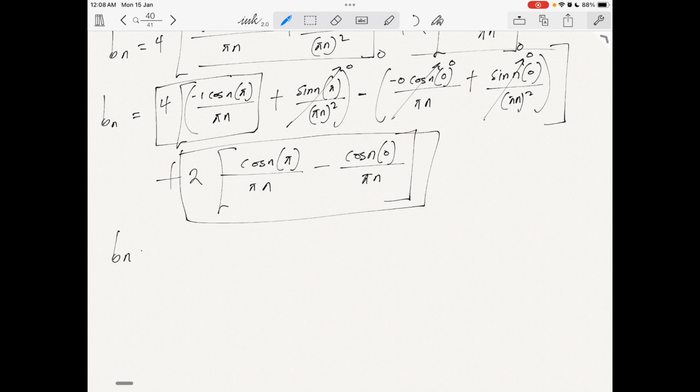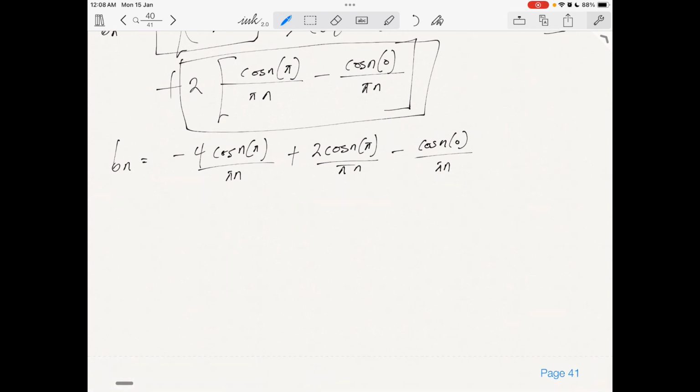So Bn is equal to minus 4 cos n pi over pi n plus 2 cos n pi over pi n minus cos n of 0 over pi n.